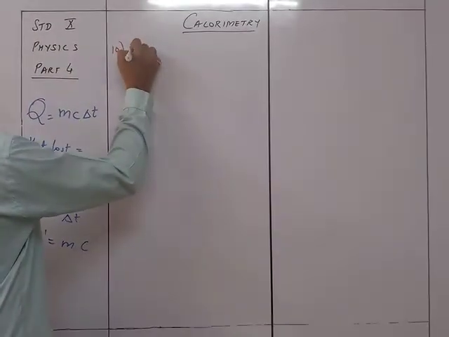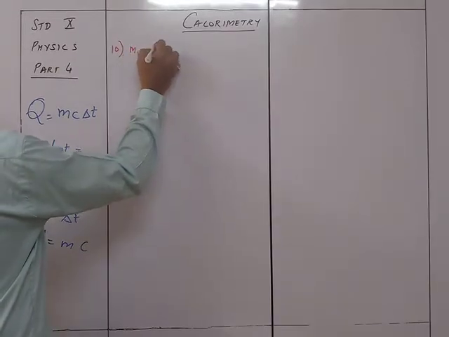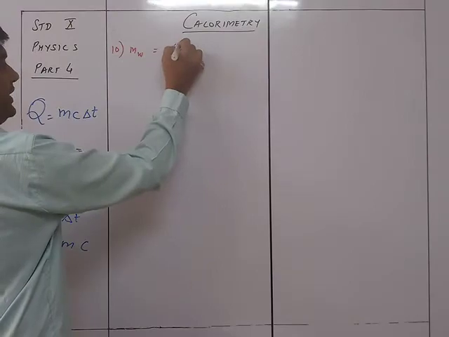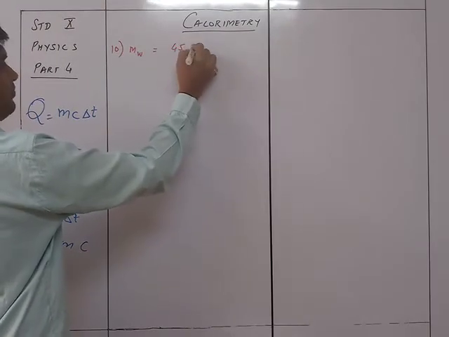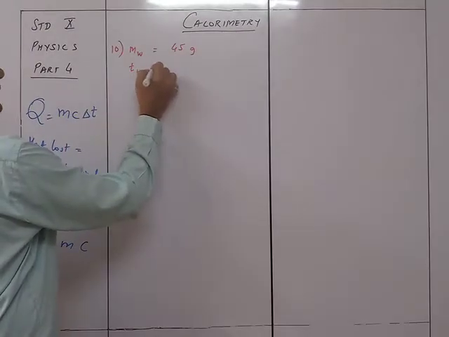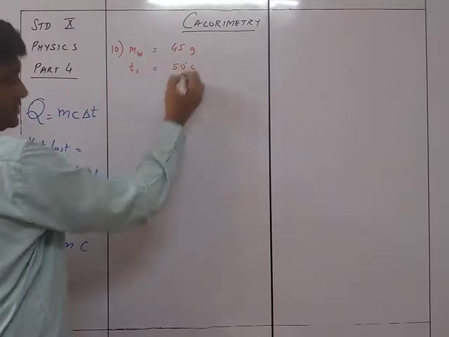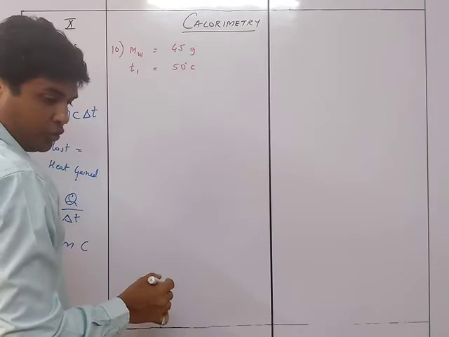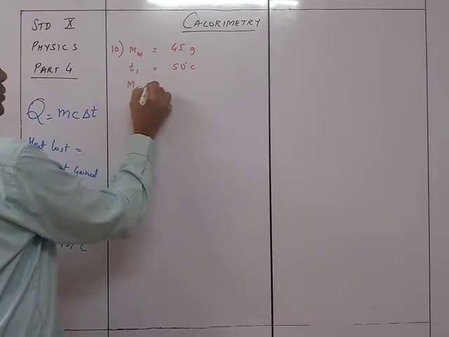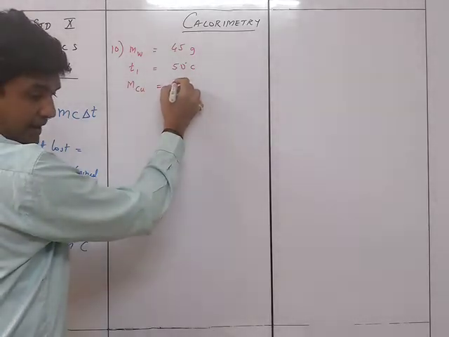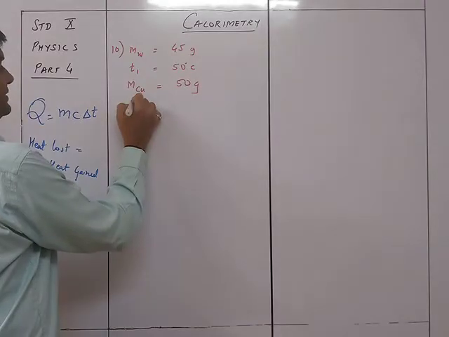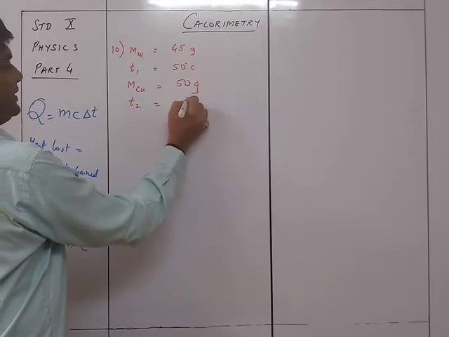First one is M1, we'll take it as M_W, more clear. Mass of water as 45 grams at 50 degrees Celsius. So T1 is equal to 50 degrees Celsius. Is cooled when 50 grams, the mass of copper, mass Cu, is given as 50 grams, and it is at a temperature 18 degrees Celsius, so T2 is equal to 18 degrees Celsius.